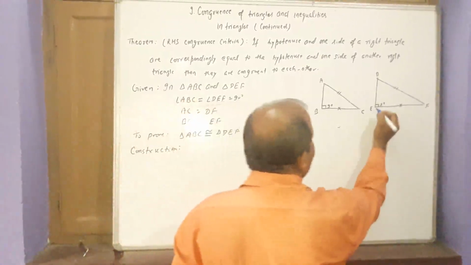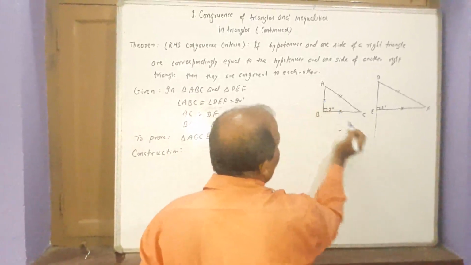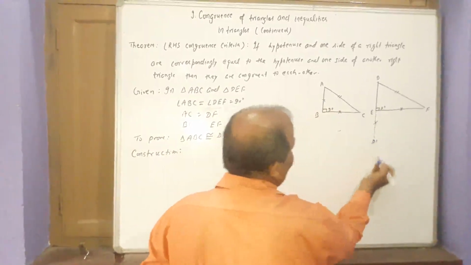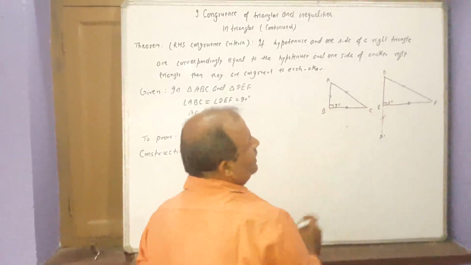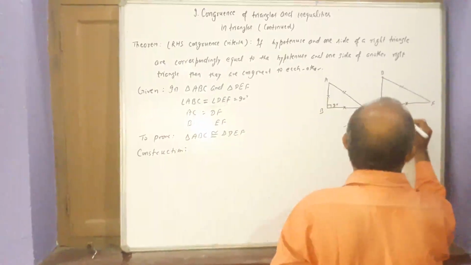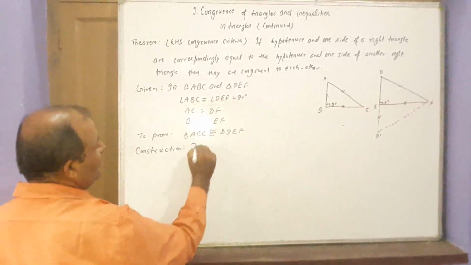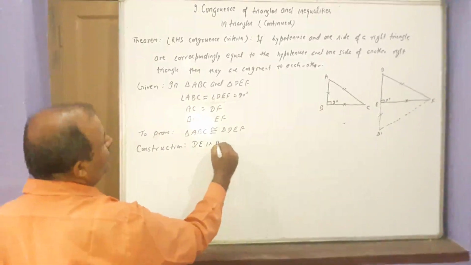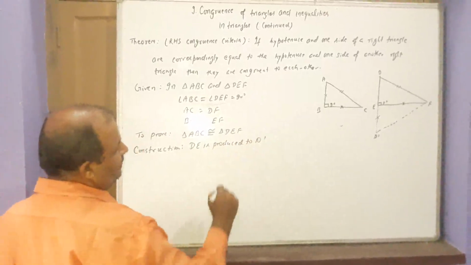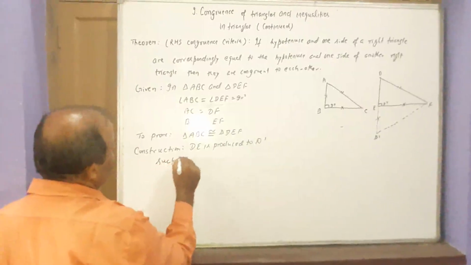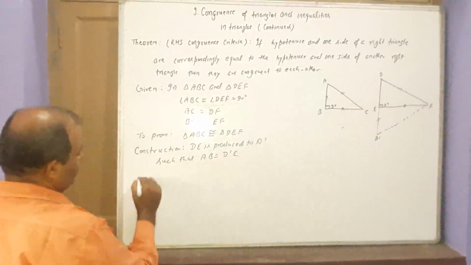We have to extend DE downwards to D dash so that AB will be equal to D dash E, and D dash will be joined with F. Construction: DE is produced to D dash such that AB is equal to D dash E. Now prove.